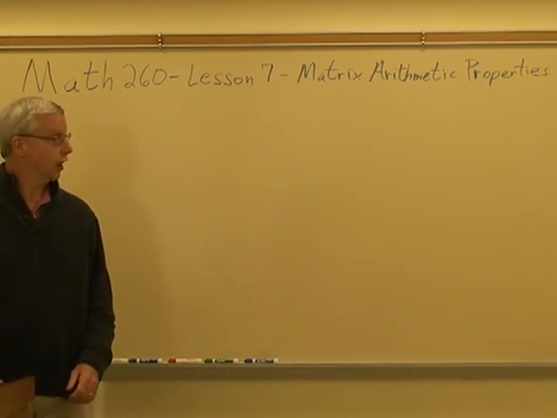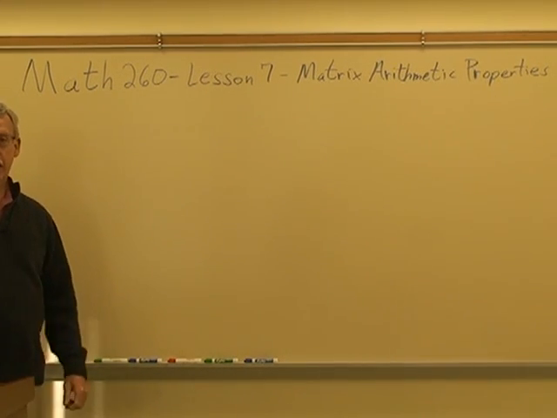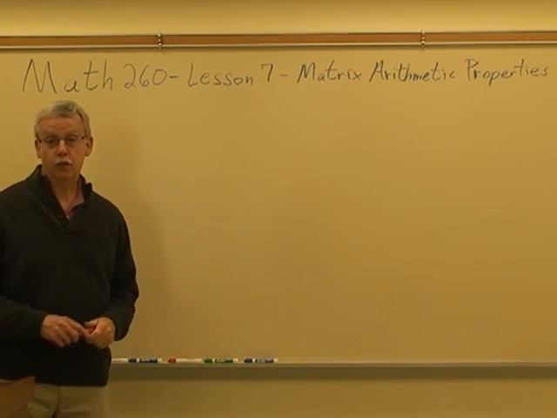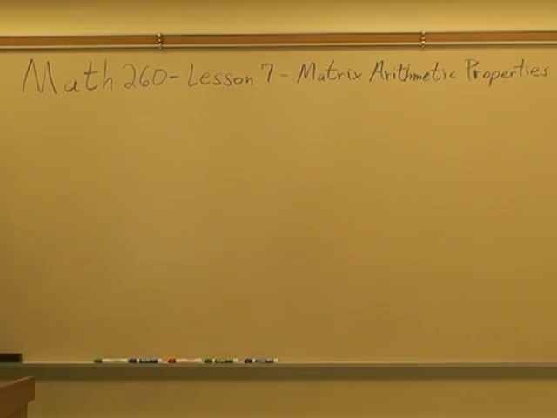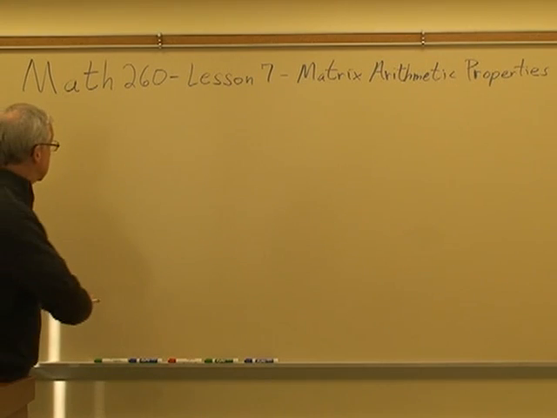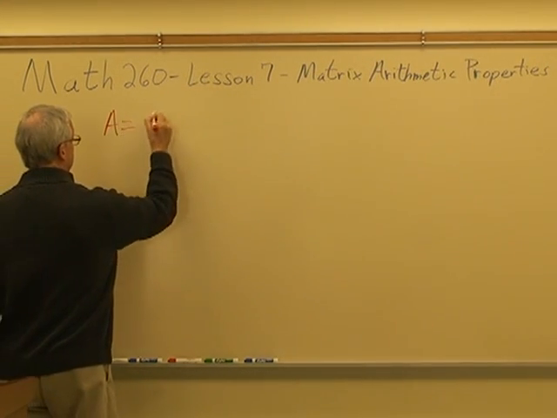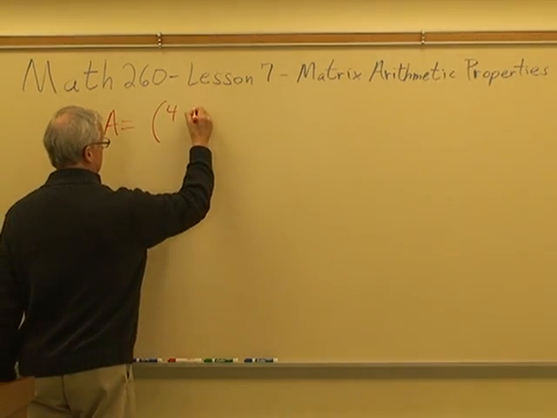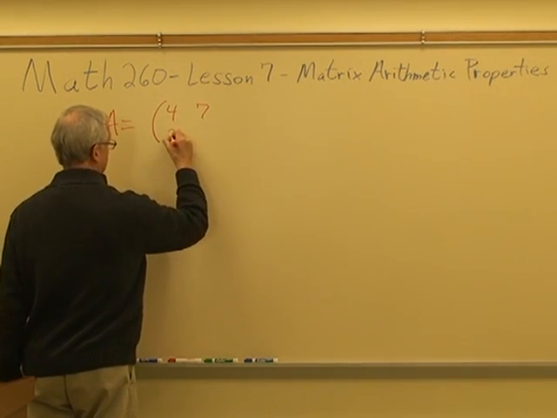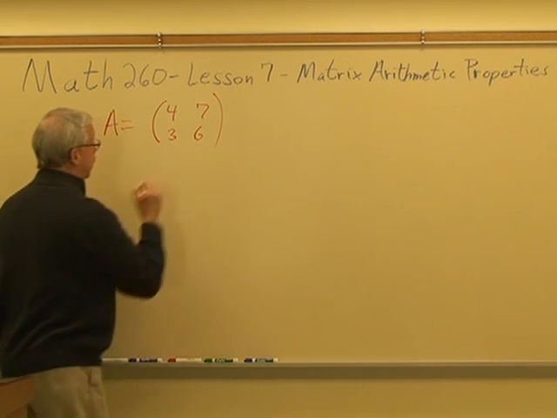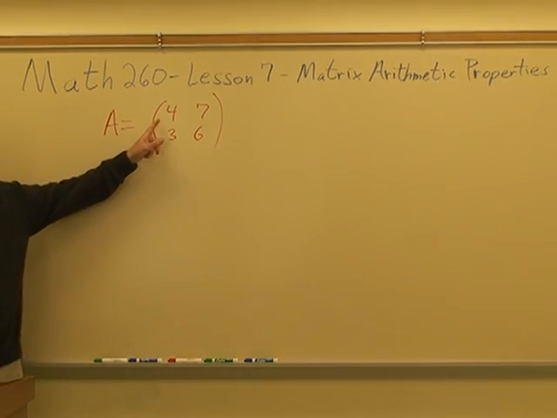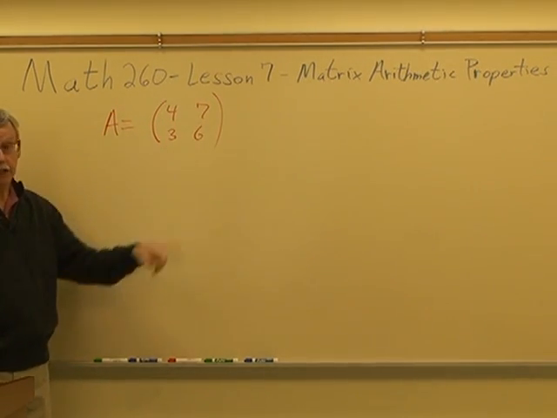Back to Math 260. Today's lesson, Lesson 7, is on matrix arithmetic properties. Just to remember what we did in the previous lesson, if I have a matrix, let's say A, a two by two matrix, the elements are 4, 7, 3, and 6.